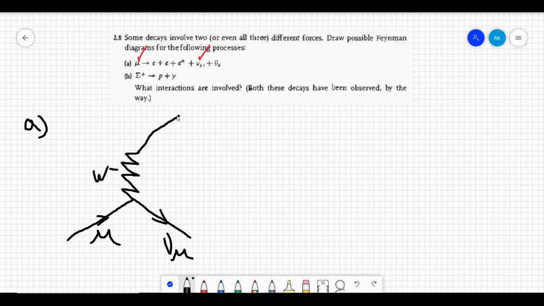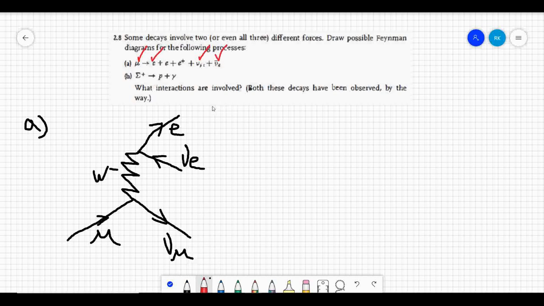So we have an electron going forward in time. And then we have its corresponding electron neutrino. However, this electron neutrino is an anti-electron neutrino, so we can represent that in the Feynman diagram as going backwards in time. So we can take those off.